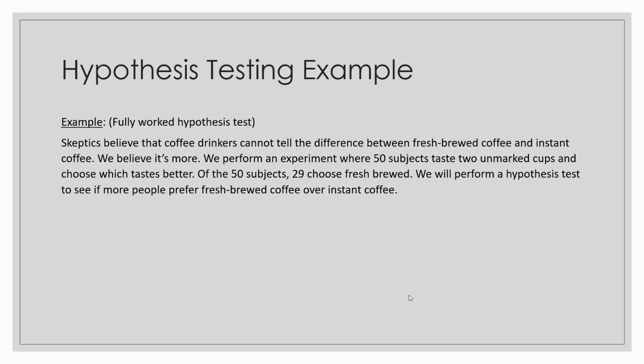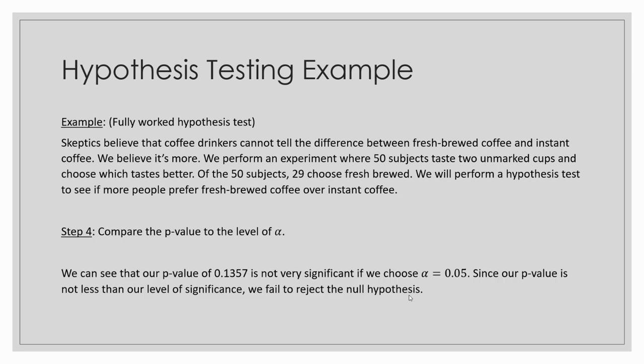The question is, is it rare enough? To do that, we have to make a decision. We have to compare it to the level of alpha. So alpha is going to be 0.05. That's the typical convention that's used. So you compare the p-value. What you should notice is the 0.1357 is more than 0.05. That's not significant.